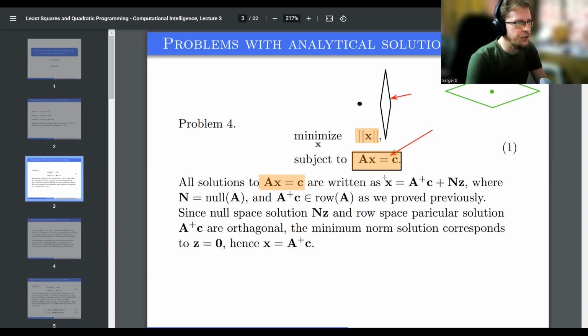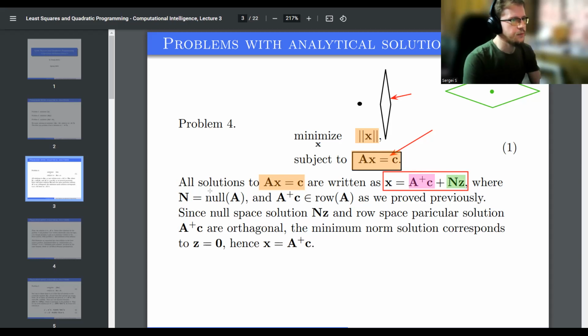All solutions can be written like this, where you have a particular solution here. The particular solution is the smallest norm solution, given by the pseudo-inverse, the least squares problem. All right. And we have a null space solution here.